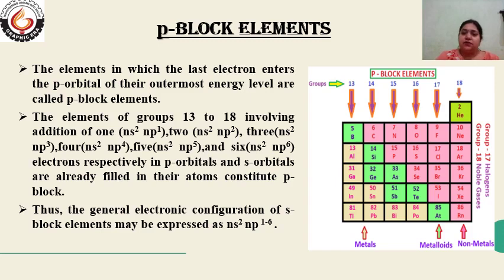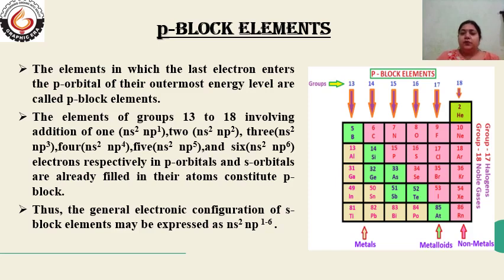All the elements which are present in these groups, if we see the electronic configuration of these elements, you can easily see that all the last electrons enter into the p orbital of the outermost shell or outermost energy level.